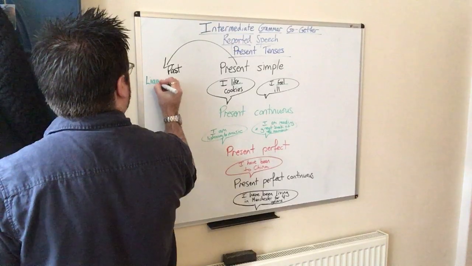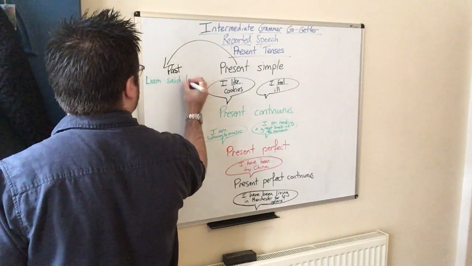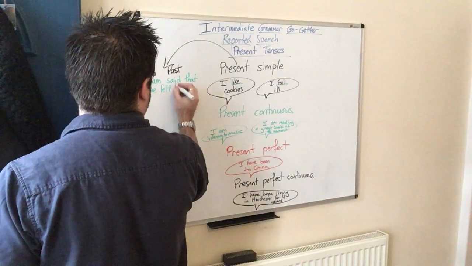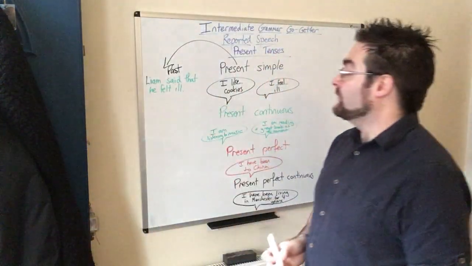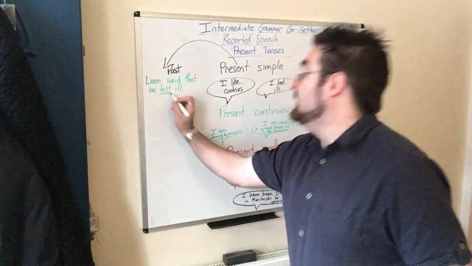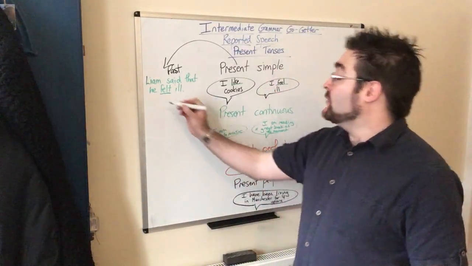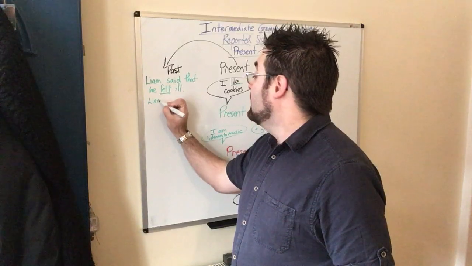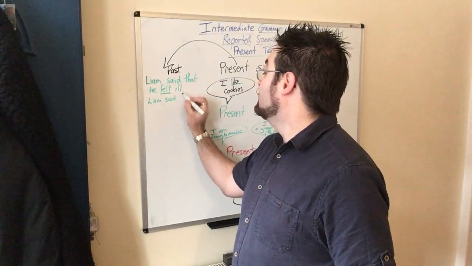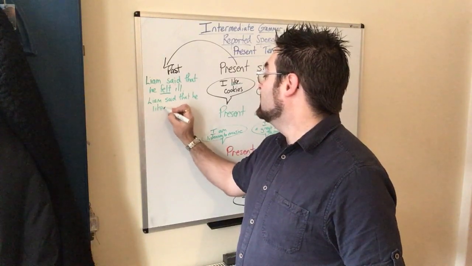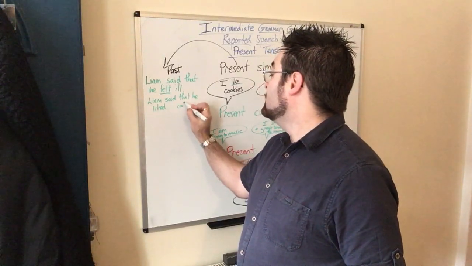And it would be Liam said that he felt ill. Okay, and notice here we're using the past simple. In this case, we would say Liam said that he liked cookies.